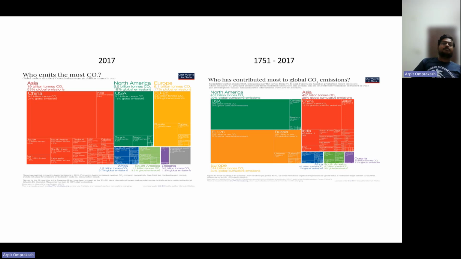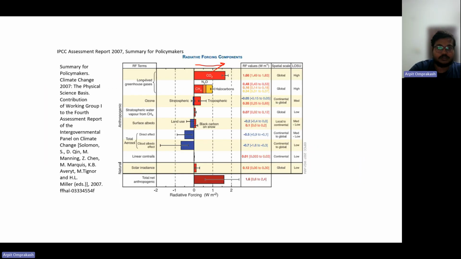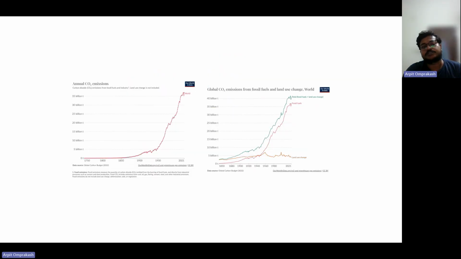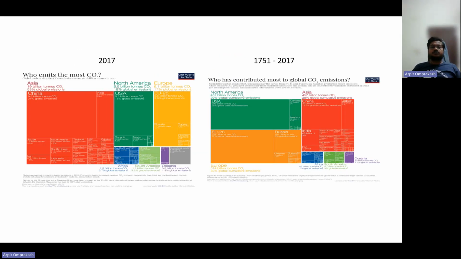So what is happening here is, when we try to form an agency like the United Nations, or we try to have this IPCC, and we have the meeting of IPCC, all these climate bodies and so on. To rectify these climate things, we also need to understand who has played a bigger part in it.